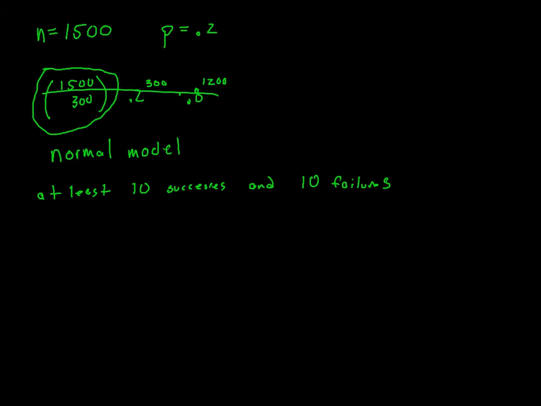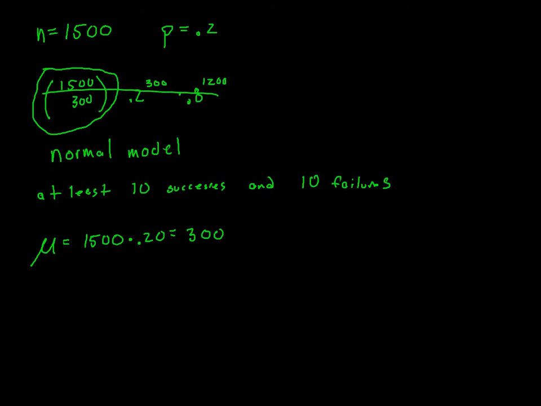Now, how do I check that? Well, how do I find out how many reds I'm supposed to have anyway? Well, that's easy. That's where mu comes in. Remember, mu will tell me how many M&Ms I expect to be red. If I have 1,500 M&Ms and 20% of them are supposed to be red, then 1,500 times 0.2 is 300.